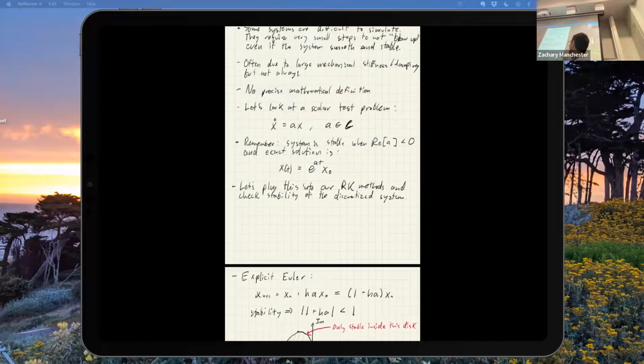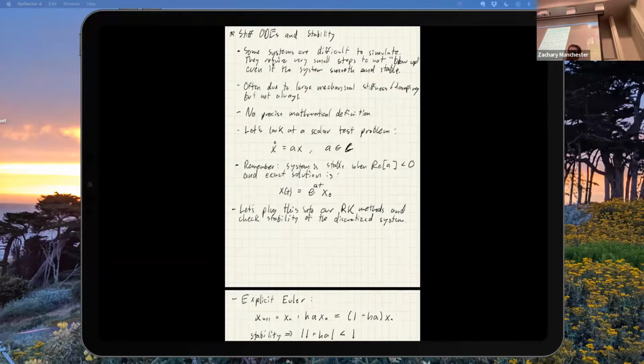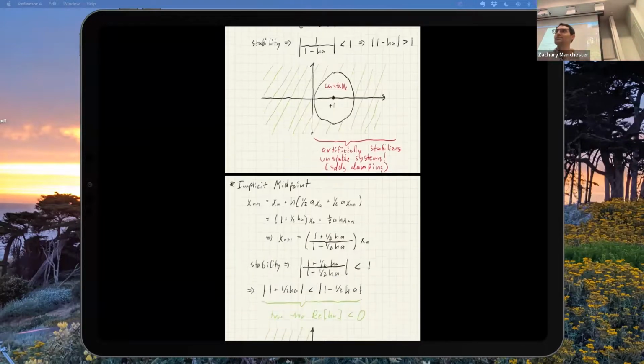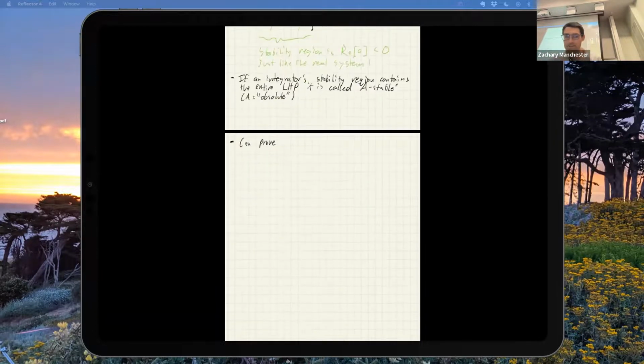Whereas these guys are all just polynomial, and you can't have a plain polynomial do this. So that's interesting.